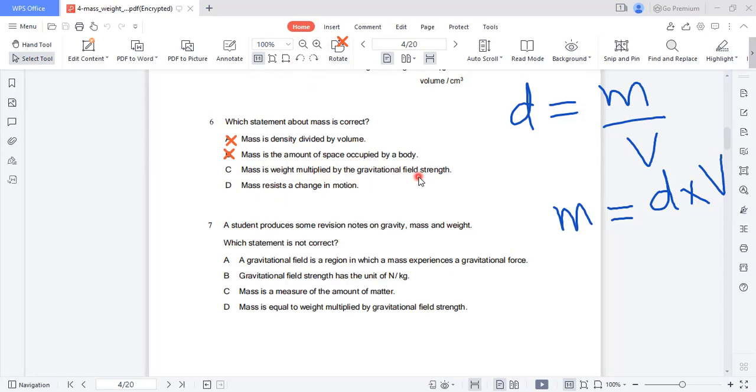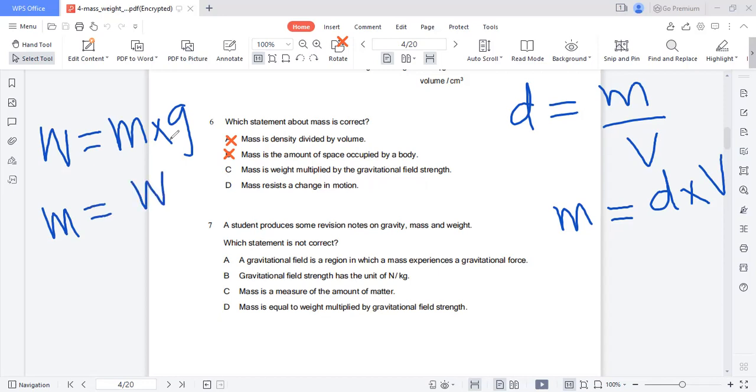Mass is weight multiplied by gravitational field. Okay, there is another formula in which we know that weight is mass times gravitational acceleration, and mass is weight divided by gravitational acceleration. This is our second option, so it looks like an incorrect option. Mass resists change in motion. Yes, it's an inertia-like situation.